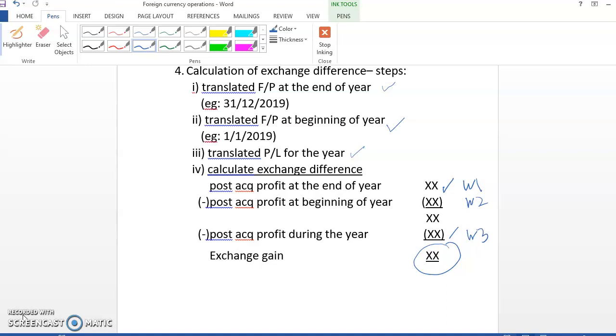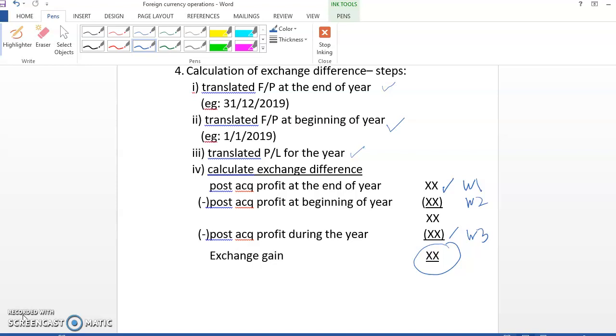This is where the subsidiary is dependent. But we are looking at example 5, whereby the subsidiary is independent. The question is the same, but the answer will be different according to the method that we use.